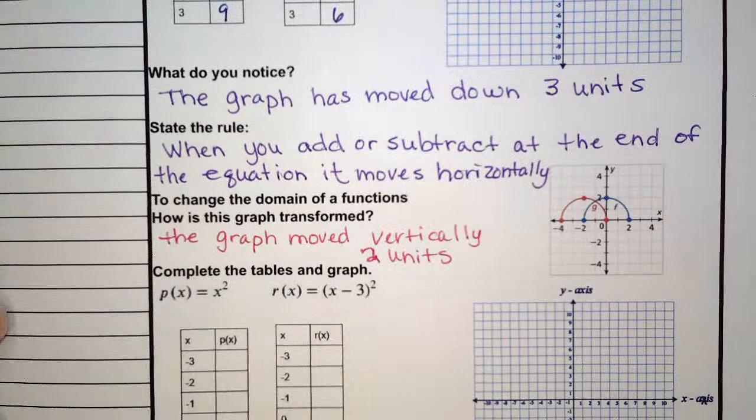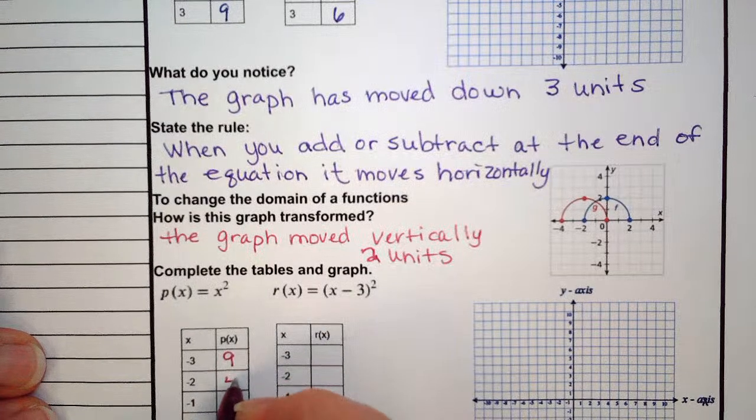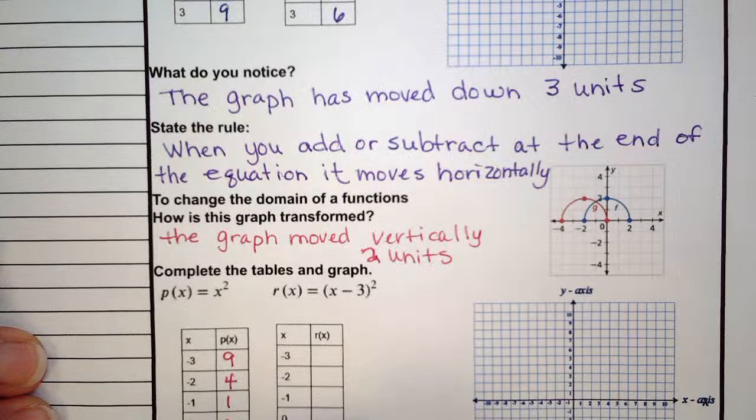That's pretty self-explanatory. But let's see what happens when we add or subtract inside parentheses. So we've already done x squared. I can just rewrite it from the top one. I can regraph.